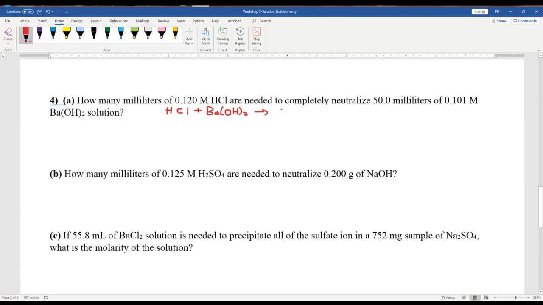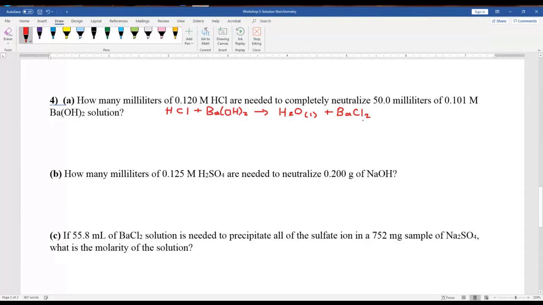So what would the products be in this case? Just water and barium chloride. Yeah, a neutralization reaction typically has water as one product, and the other product is a salt. And the salt is going to be, in this case, barium chloride, BaCl2.